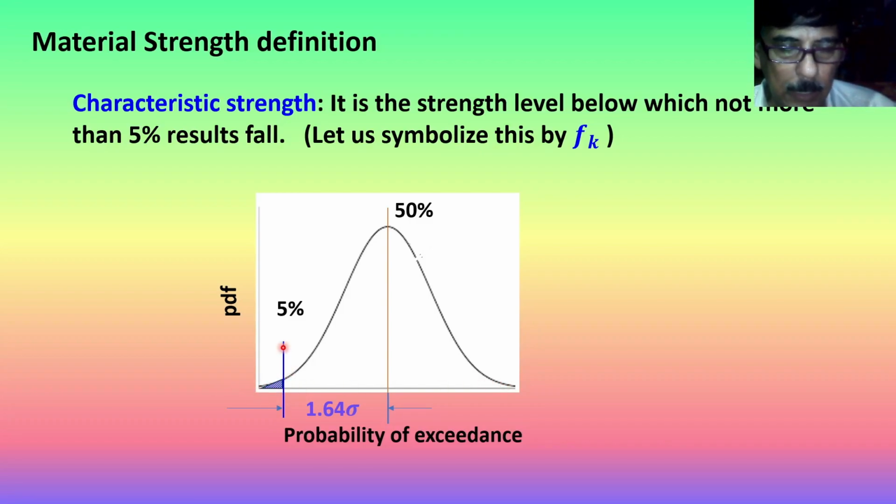So it indicates that 95% of results are higher than this level of strength corresponding to the blue line, and 5% of results are lower. The strength of this line is called the characteristic strength. It is recognized by looking at the mean value and the standard deviation distance of 1.64 sigma towards the left, then you get the blue line. So characteristic strength indicates a strength where 5% of the results may fall below this value.